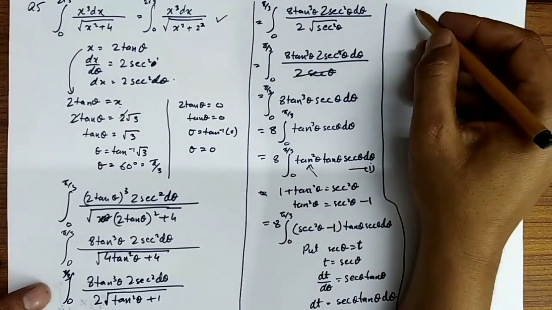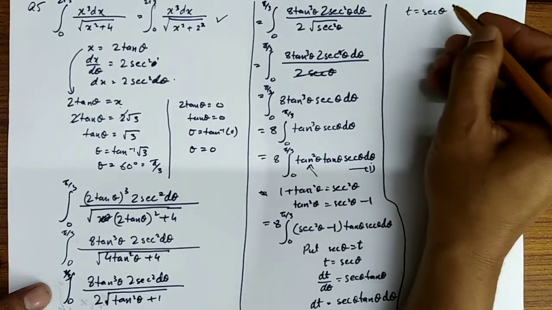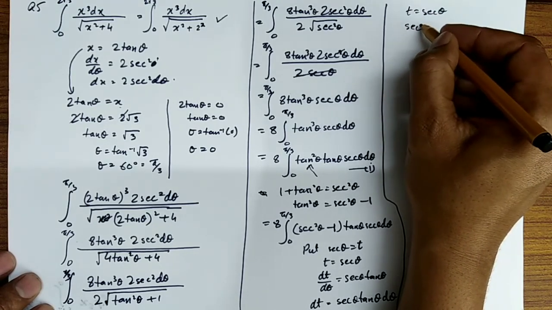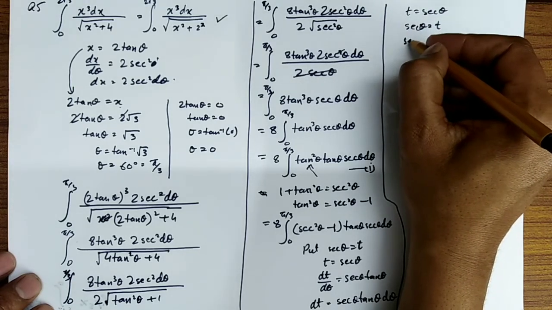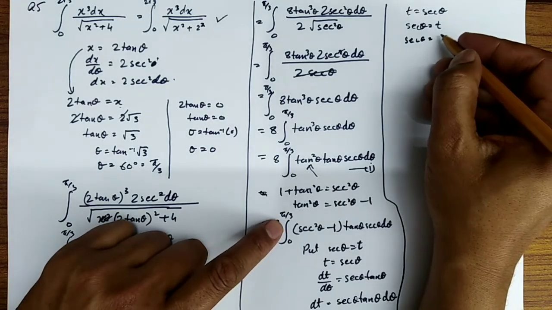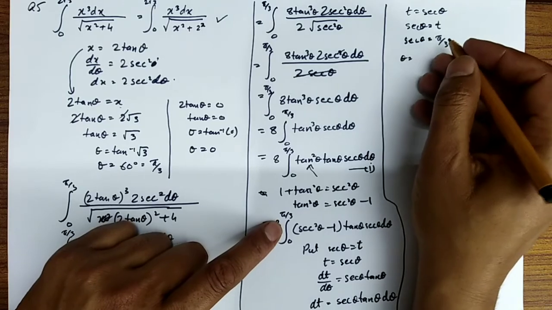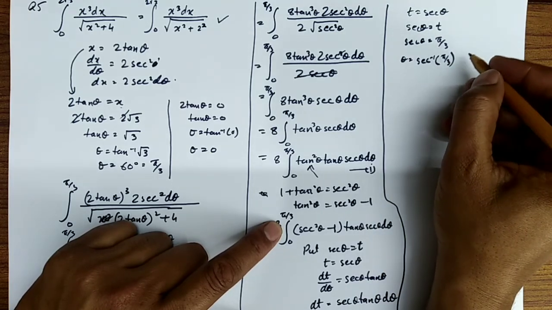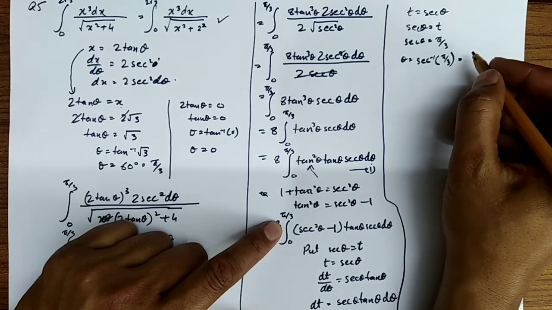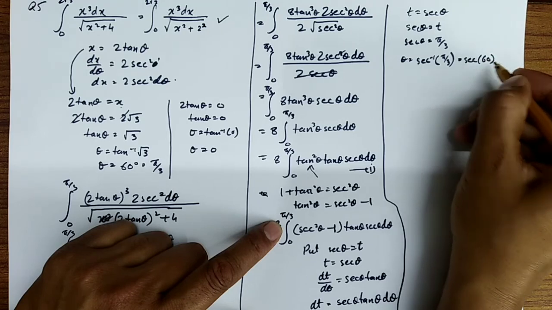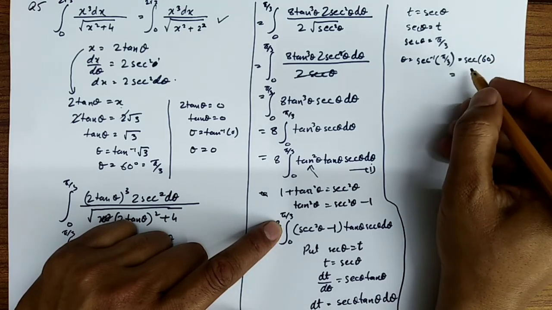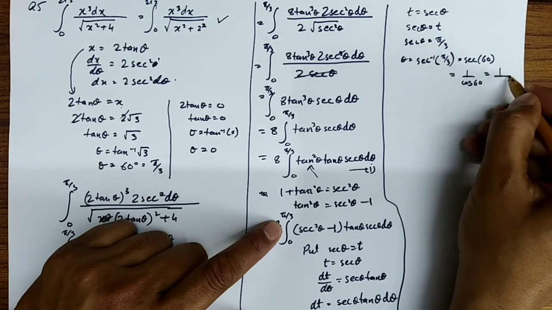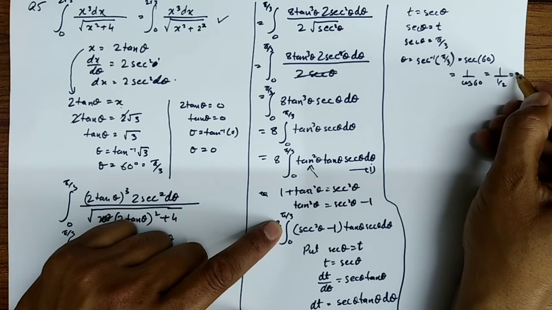and before that we are going to change the limits by using this t is equal to sec theta, which says that the upper limit is theta equal to pi upon 3, and sec of pi upon 3, which is sec 60, which can be written as 1 upon cos 60, means 1 upon 1 by 2, which is 2.